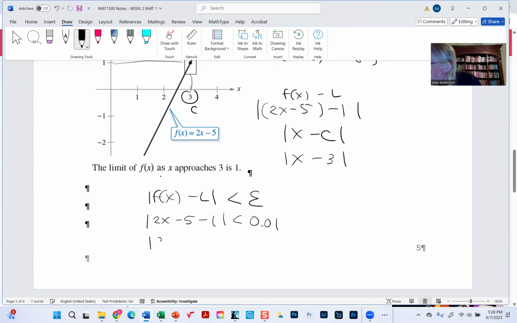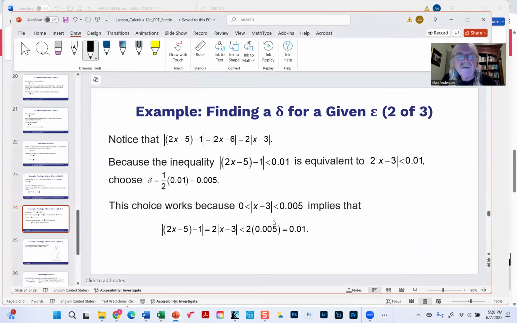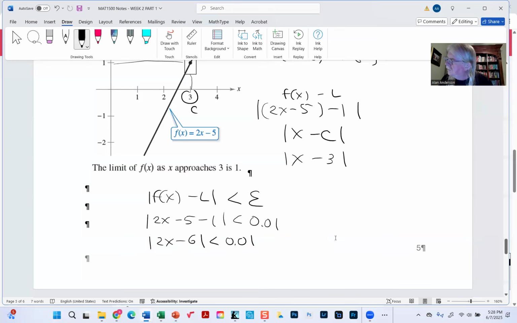So then we have to demonstrate that this implies that x minus 3 is less than whatever delta is. We have to show that there's some delta out there where this relationship holds.